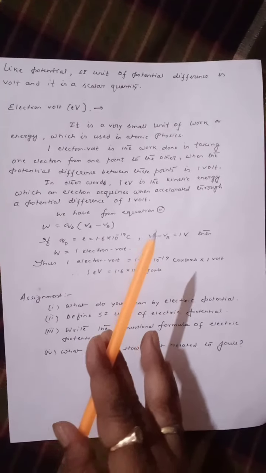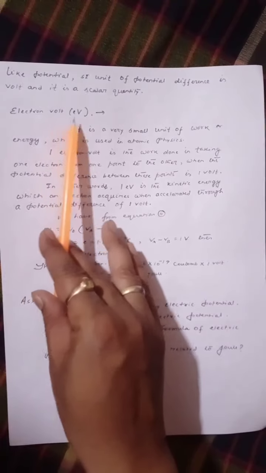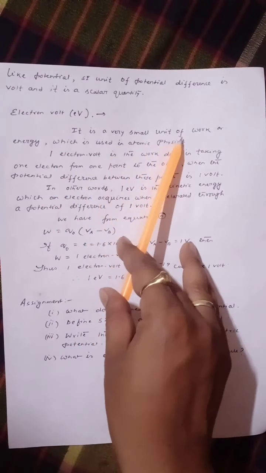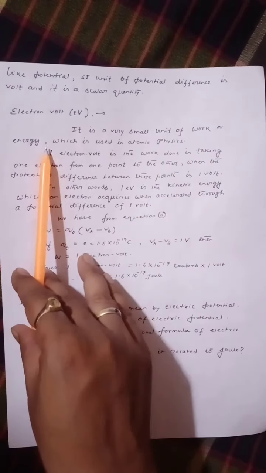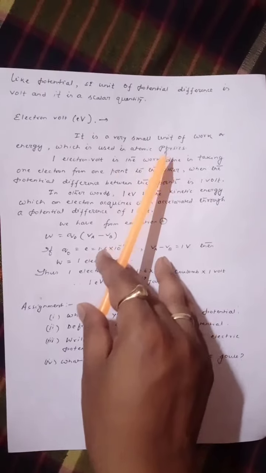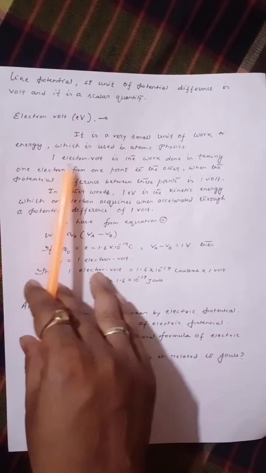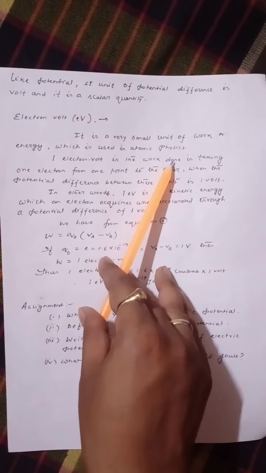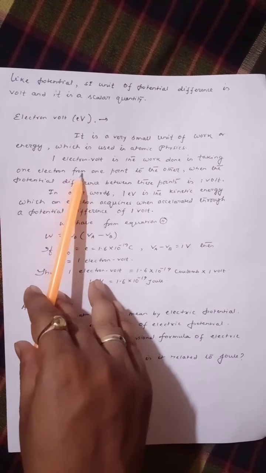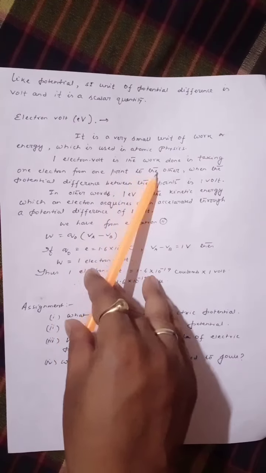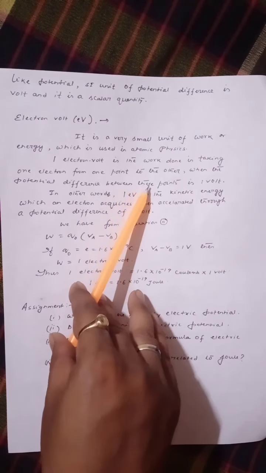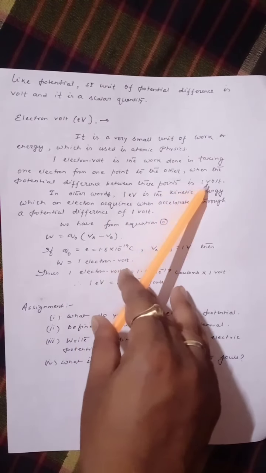Now let us discuss the unit electron volt. It is a very small unit of work or energy which is used in atomic physics. 1 electron volt is the work done in taking one electron from one point to the other when the potential difference between these points is 1 volt.